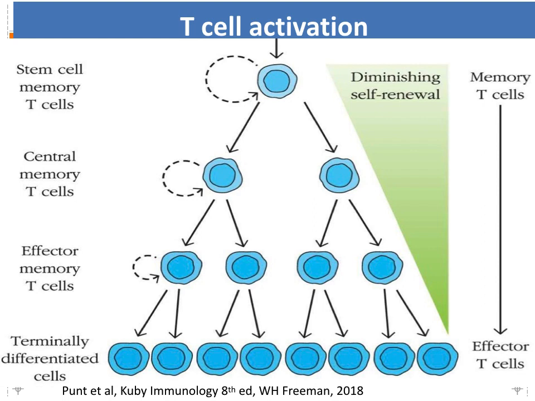The memory T cells serve an important role because the effector T cells last only for a short period of time. The memory T cells last for longer periods of time, maybe months or years, in contrast to effector T cells.